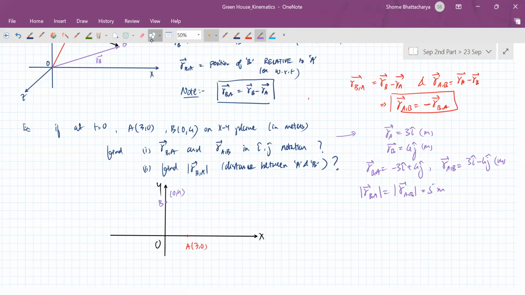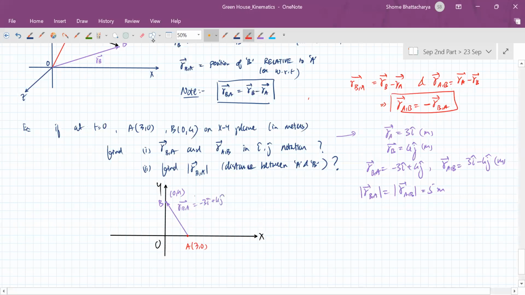So the position of A with respect to B and B with respect to A are like this. Position of B with respect to A is a vector like this, and that is having a negative X component and a positive Y component.